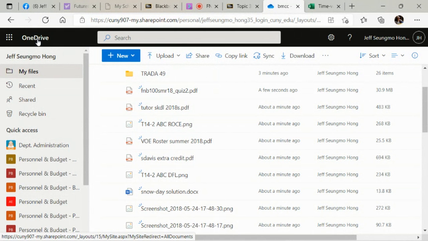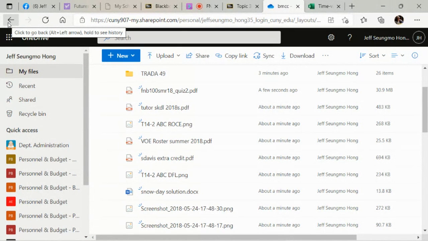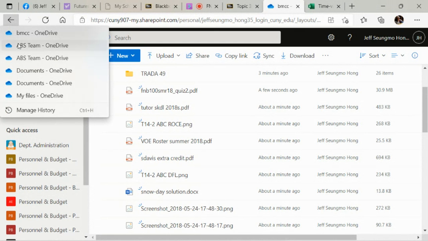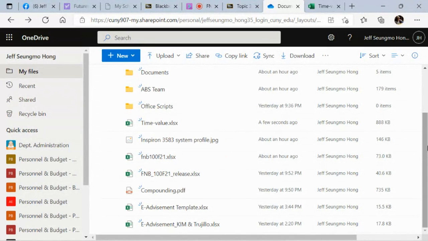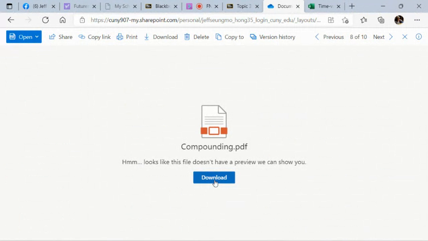So the only OneDrive I'm using now is through the CUNY common site to use Microsoft 365. The OneDrive that I have there is not the one I normally use. So here's the difficulty. I have to upload the files I need to OneDrive and then open them from there.